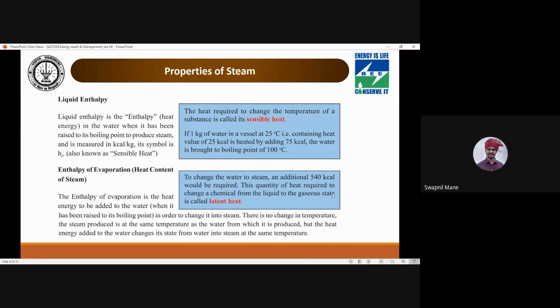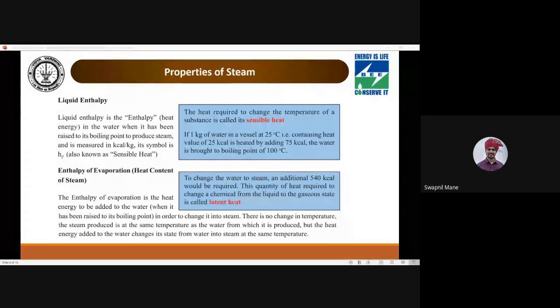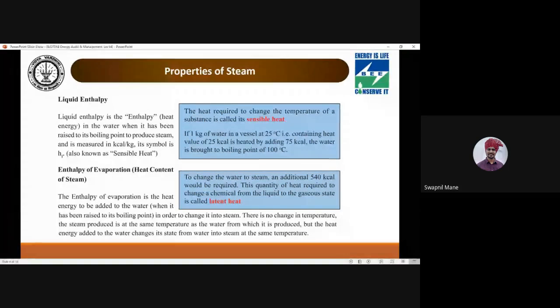This amount of heat is called the heat or enthalpy of evaporation, or latent heat of vaporization. To change the water to steam, an additional 540 kilocalories would be required. This quantity of heat required to change the liquid to the gaseous state is called latent heat.